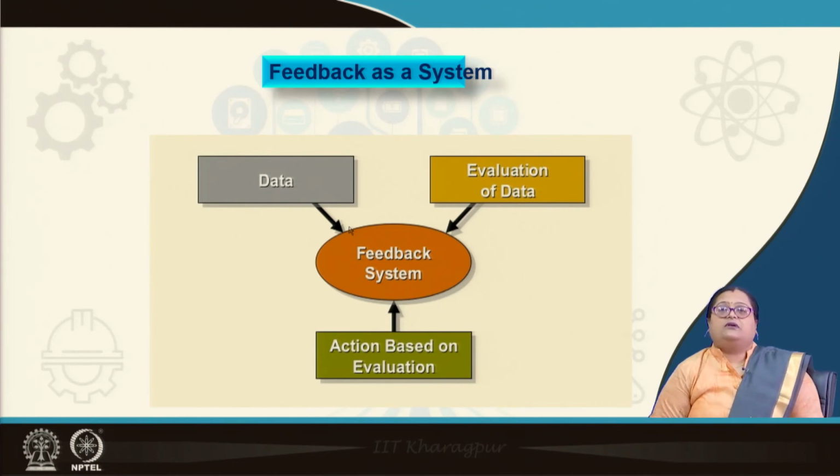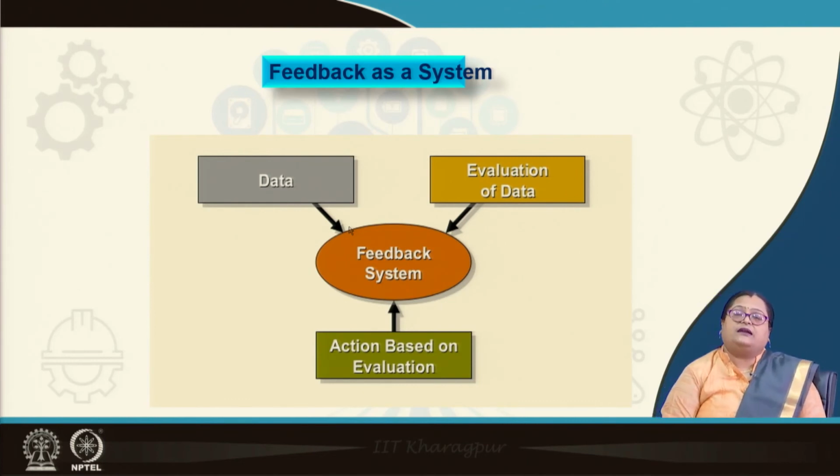It is a very important part to get feedback, and feedback as a system is an integrated part of the performance appraisal system. What you get in the feedback system is the data, the evaluation of the data, and the action based on the evaluation. So what data you get out of the appraisal, how you evaluate it, your interpretation of it, and what you need to do based on that interpretation.